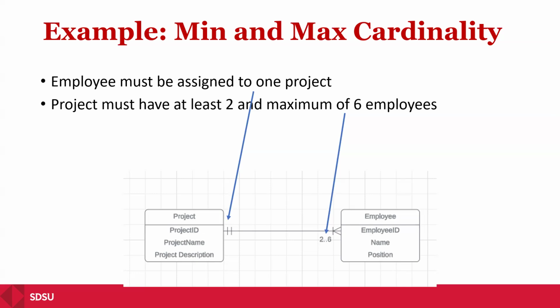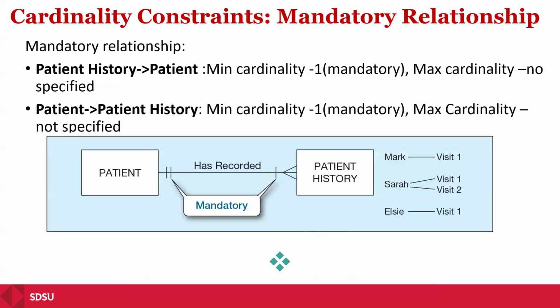So since minimum cardinality is more than 1, the relationship is mandatory, and 6 is the max number of relationships, which is implemented in the diagram as a crow's foot. So anything more than 1 means many on an ERD, which means a crow's foot. Right. So let's look at cardinality constraints.